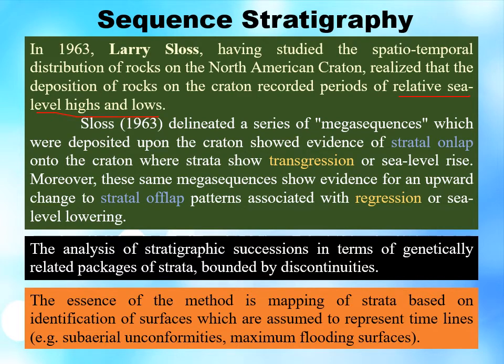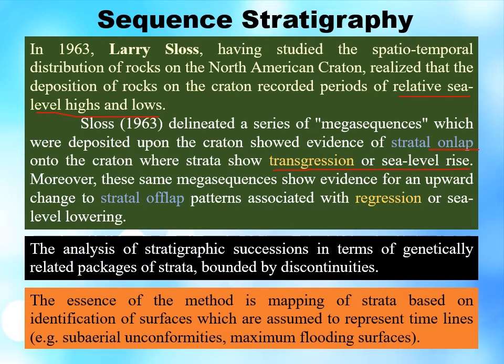So Sloss delineated a series of sequences, a series of depositions deposited on the basement surface in the North American Craton. They show some stratal onlap, which is basically the result of transgression, that means sea level rise.